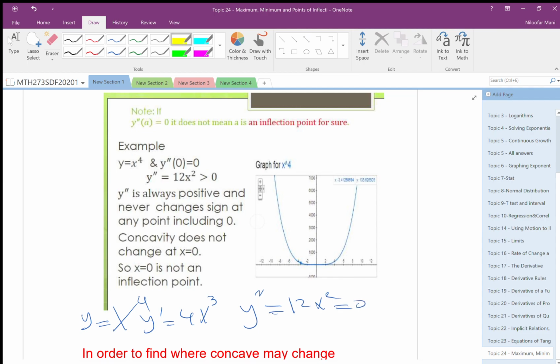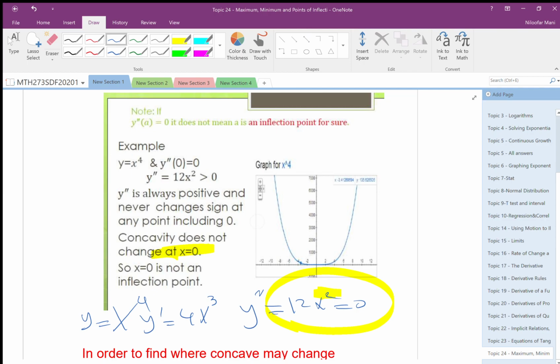But at this point, the concavity doesn't change from up to down, because before 0 and after 0 this is always positive. So concave is always up. So it doesn't mean that if the second derivative is 0, you for sure have an inflection point.